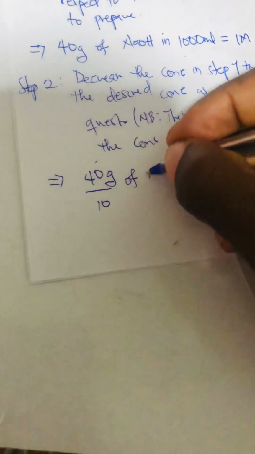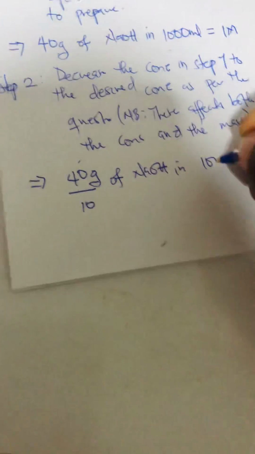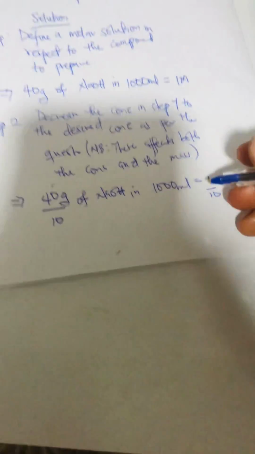So at this point, this would be 40 grams divided by 10 of sodium hydroxide in 1000 ml is equal to 1 molar divided by 10 in order to get my desired concentration as per the question.